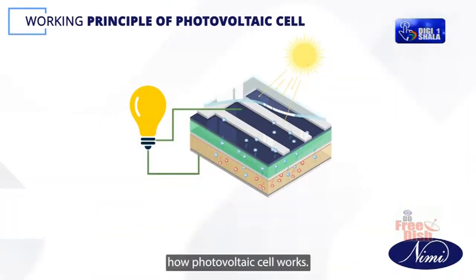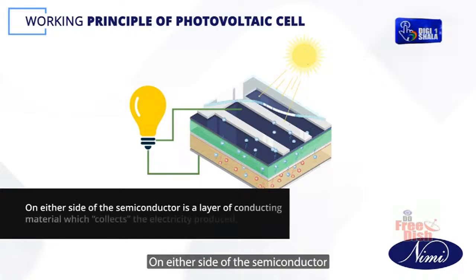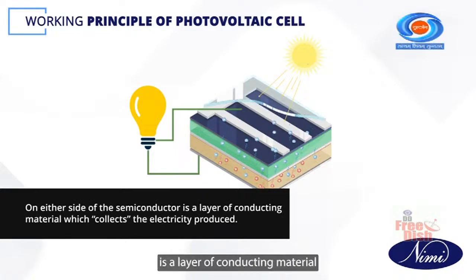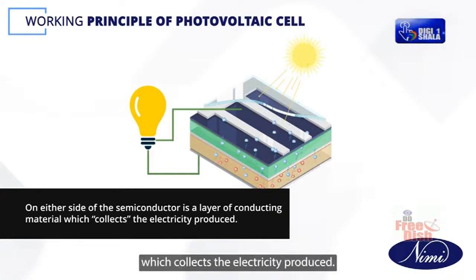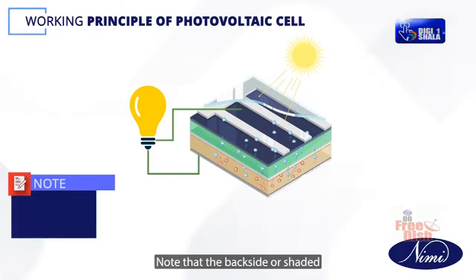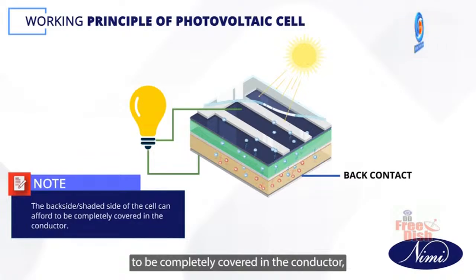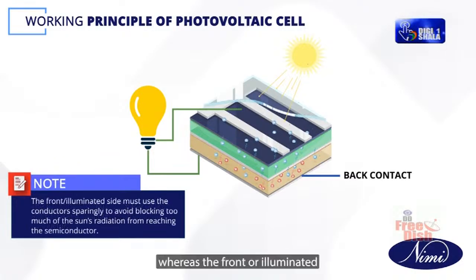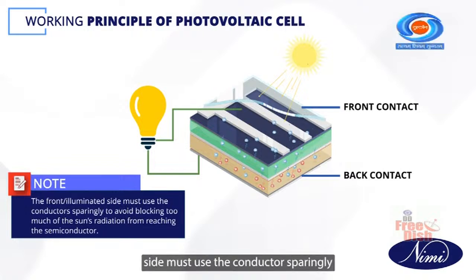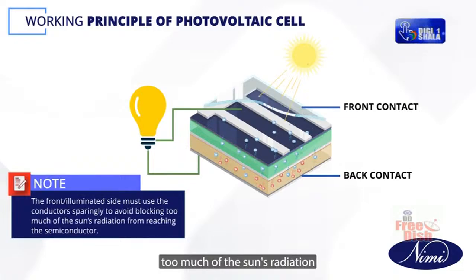Let us learn how a photovoltaic cell works. On either side of the semiconductor is a layer of conducting material which collects the electricity produced. Note that the backside or shaded side of the cell can afford to be completely covered in the conductor, whereas the front or illuminated side must use the conductors sparingly to avoid blocking too much of the sun's radiation from reaching the semiconductor.